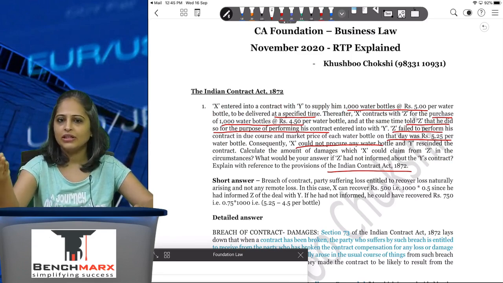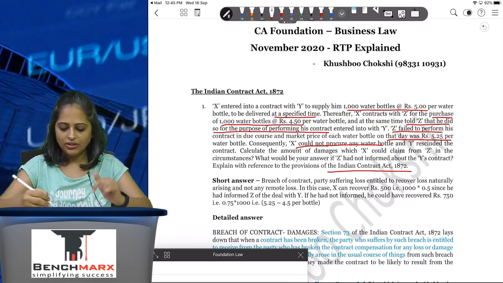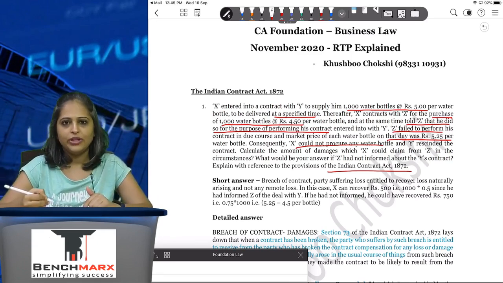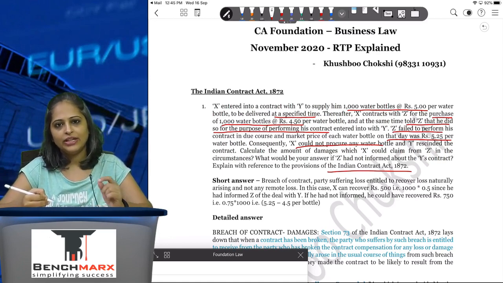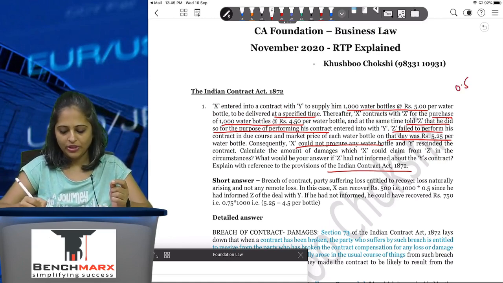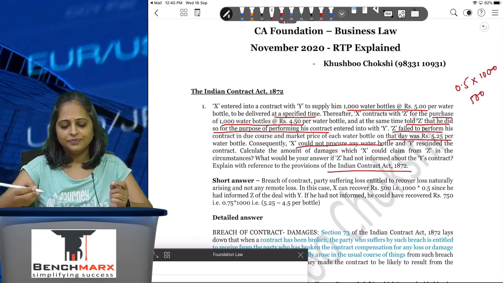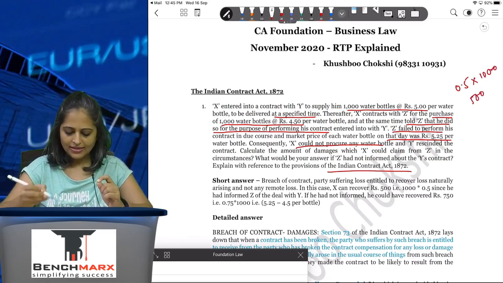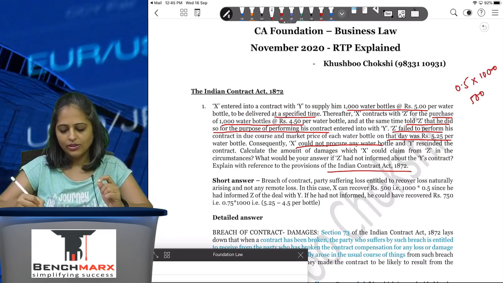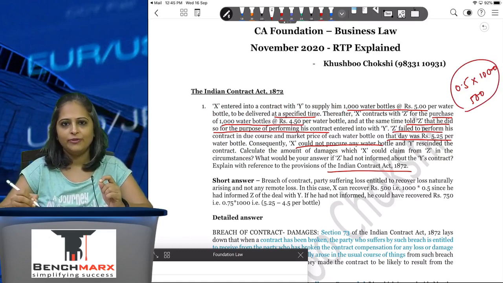He cannot recover any remote losses, what we have studied under the Contract Act. So here he was supposed to get it at 4.5, and then when he sold it, he would get a profit of 0.5 per bottle. That is, in 1000 bottles, 500 rupees. Here in the first answer, the amount of damages which X can claim is 0.5 into 1000, that is 500 rupees.